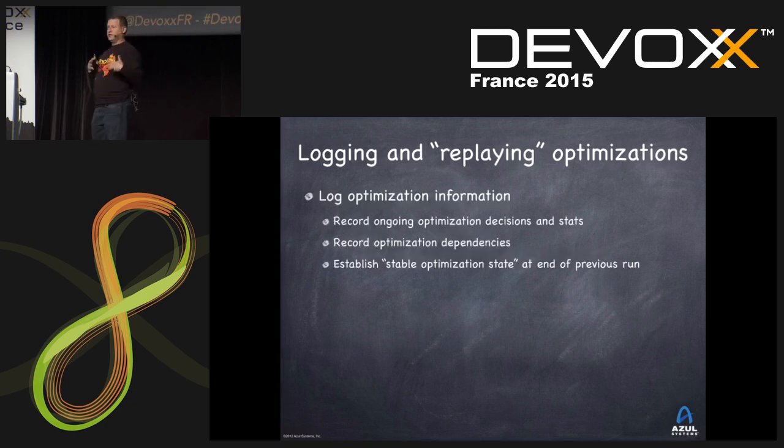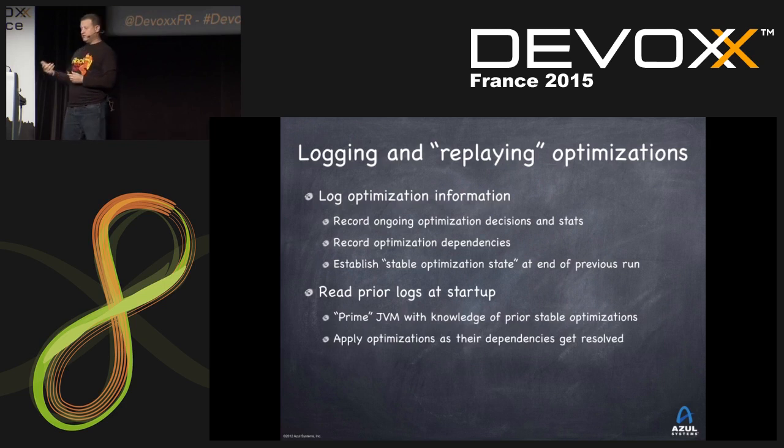For example, you can log all your optimization information, the decisions you made, the stats that you made, and remember them. If you've done this for an entire day, you've dealt with what actually happened during the day, including the wrong decisions you made. So the eventual thing you have at the end of the day is presumably the well-adapted code.